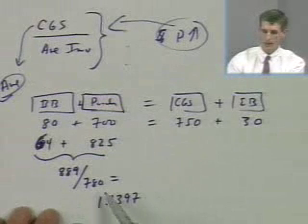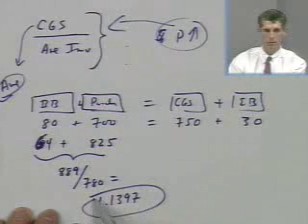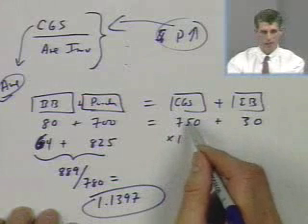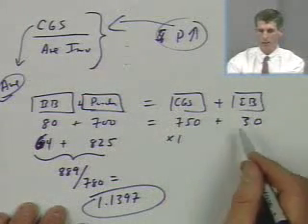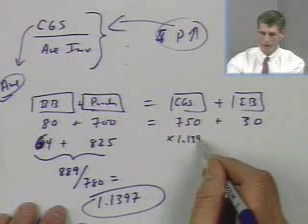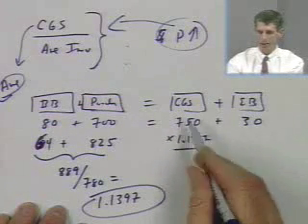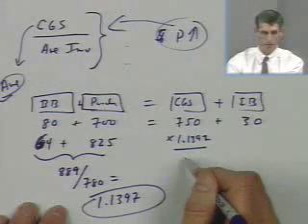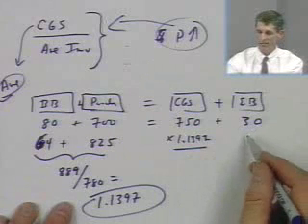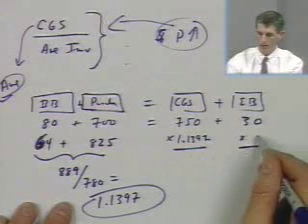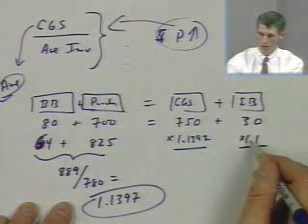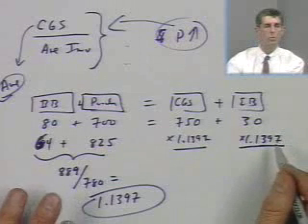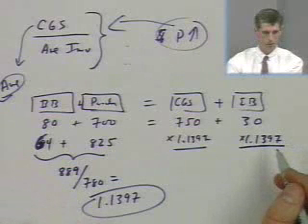Okay. Now we take this cost per unit, 1.1397, and multiply it times the number of units that were sold and the number of units that were left. That gives us the value we attach to cost of goods sold and the value we attach to ending balance. Questions about that?